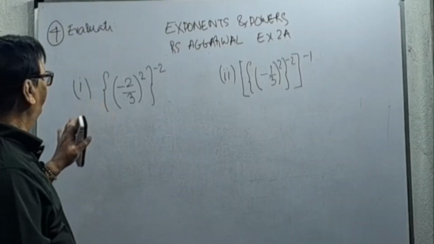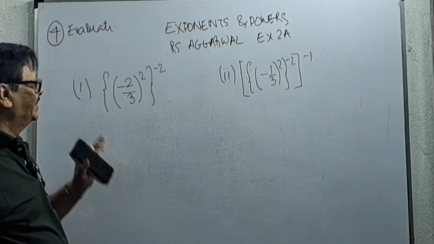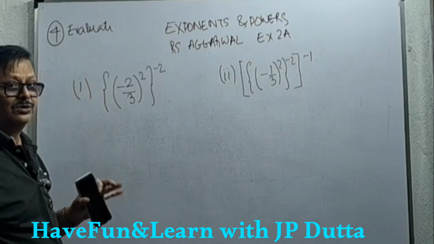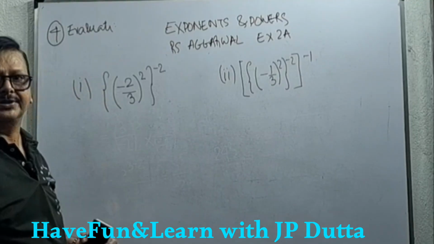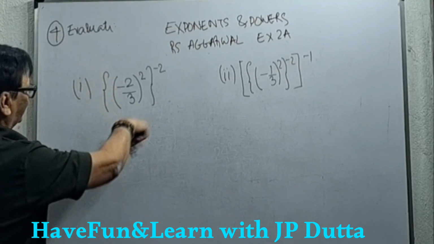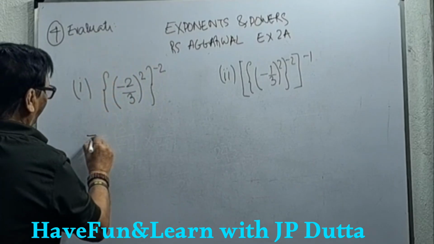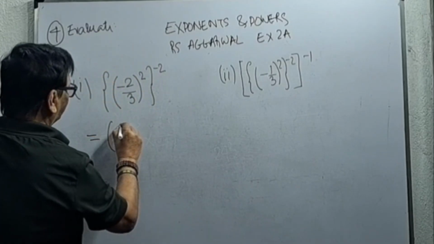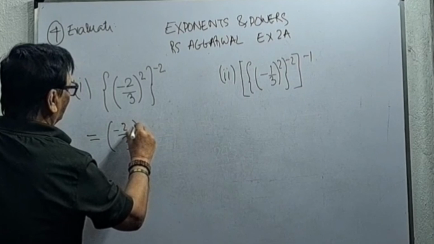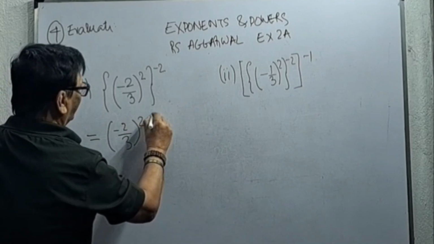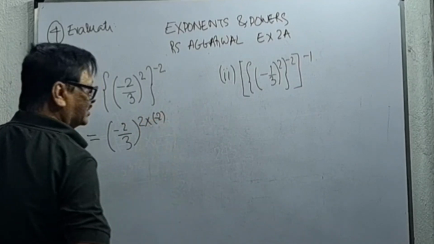So we come to question number 4, part 1 and part 2. See here, the brackets are to be opened with BODMAS in mind, right? So we'll first take out the second bracket and write as bracket minus 2 by 3, 2 times minus 2, correct?